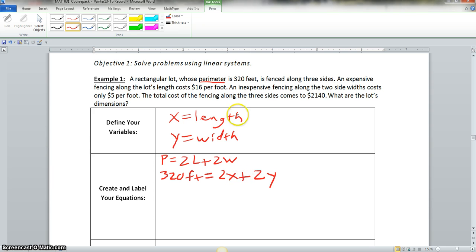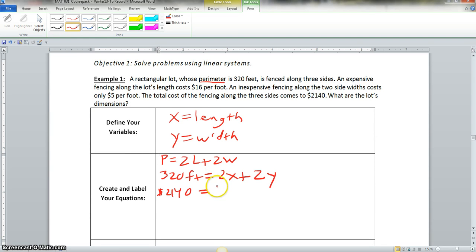Now the second equation. It tells us here that the total cost of the fencing along the 3 sides comes to $2,140. So we would write down our $2,140, and we would set that equal to, we notice here that our length costs $16 per foot.